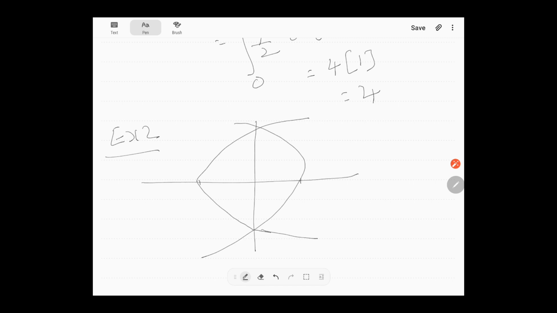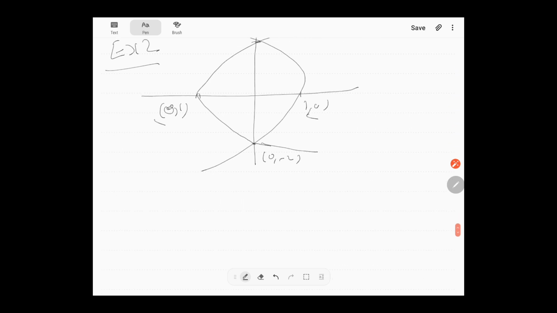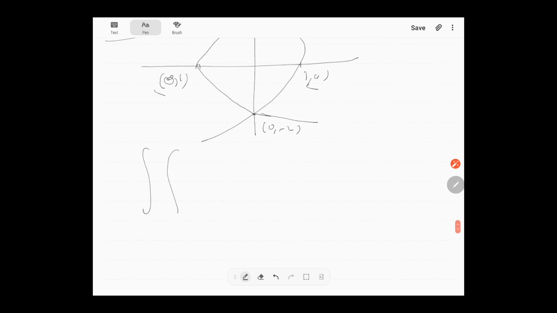This is minus 2. This point is 0 comma 2. This is 1, 0. This is 0, 1. I need to evaluate this double integral. This is my region R.